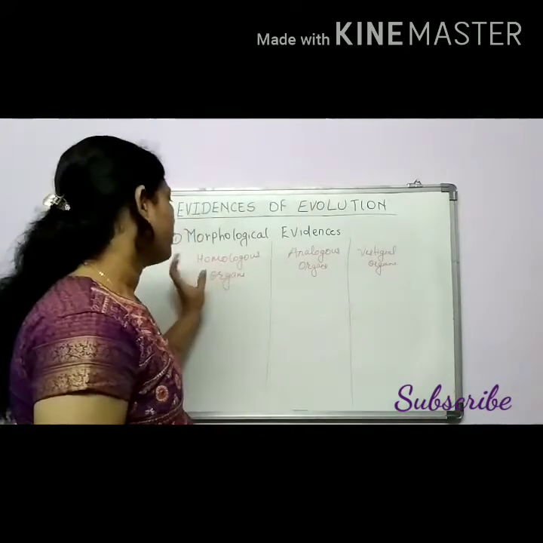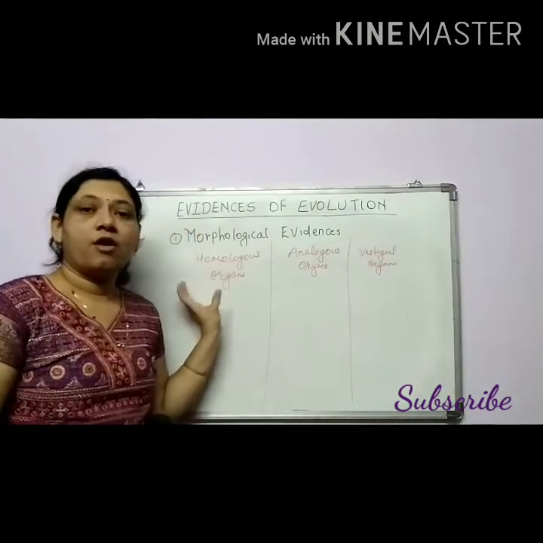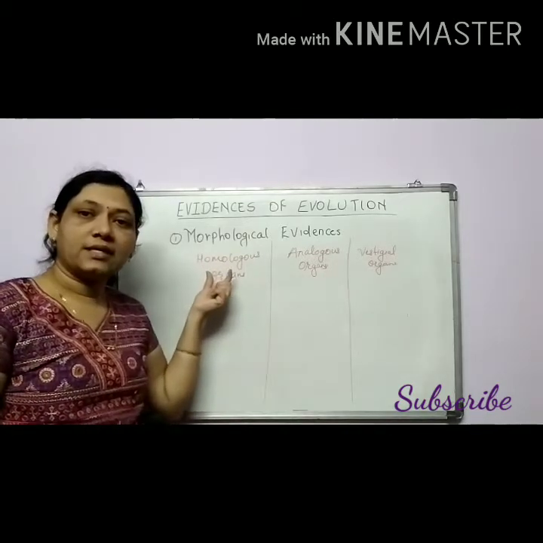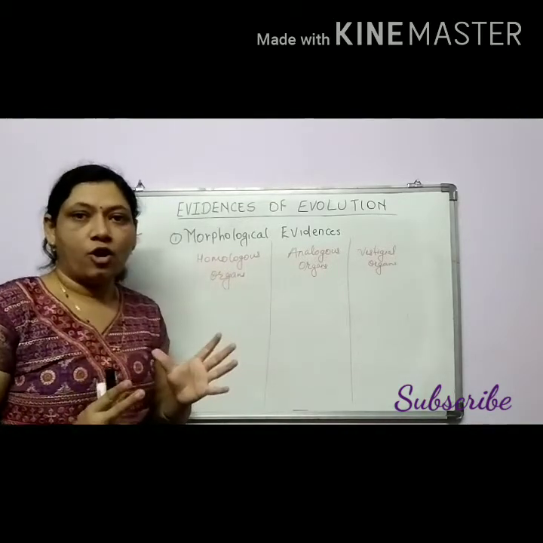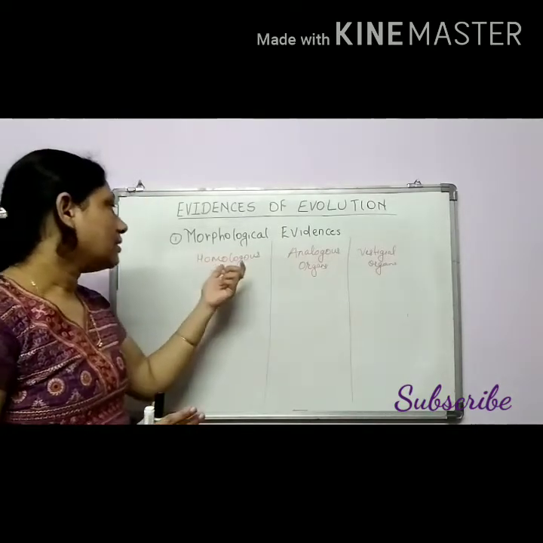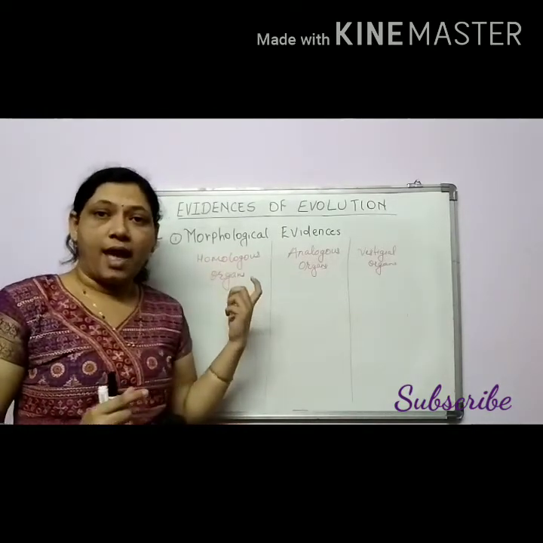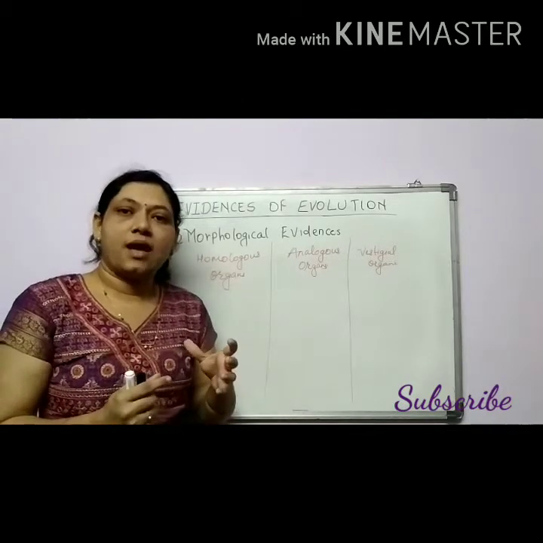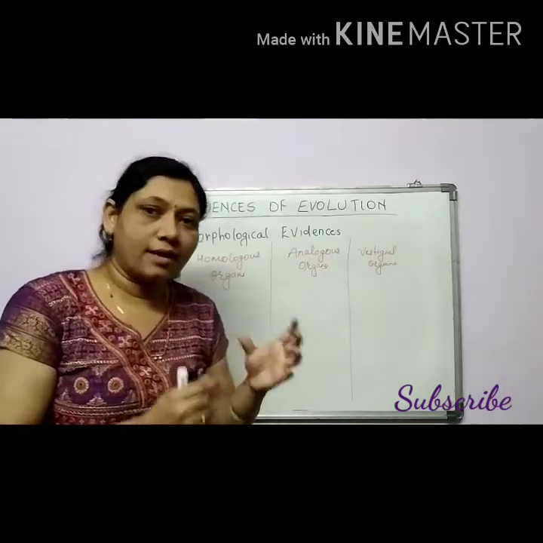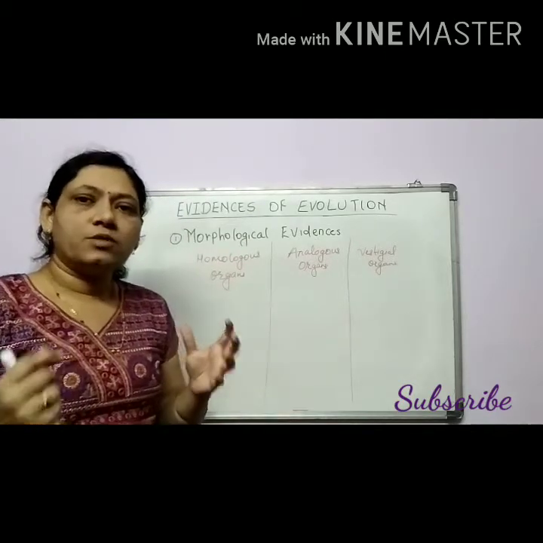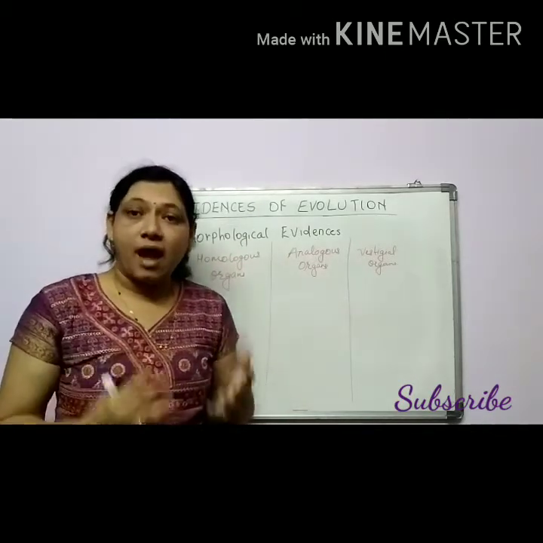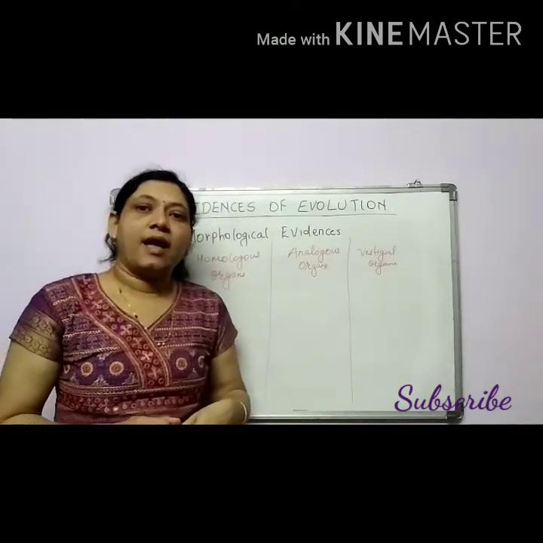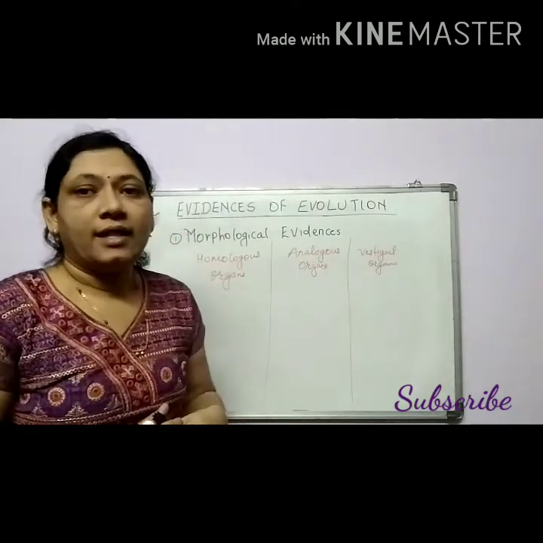Okay, so homologous organs. What is the meaning of homologous? Homo means the same, similarity. Similar structure and similar origin. The origin means the ancestors of the living organisms are the same. We can observe many animals and plants in our area.